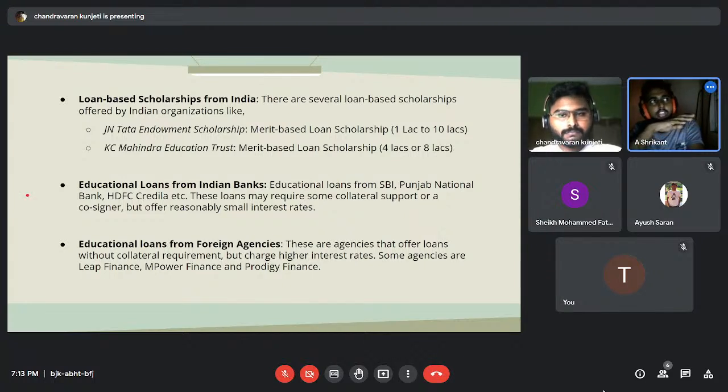Why? Because if you don't, these banks will take a lot of time. When I went to SBI for the collateral related thing, they said that for verifying a collateral, they might take 1 month.